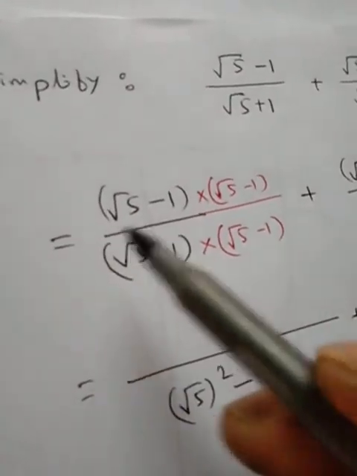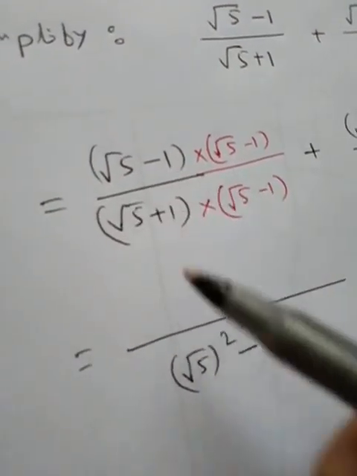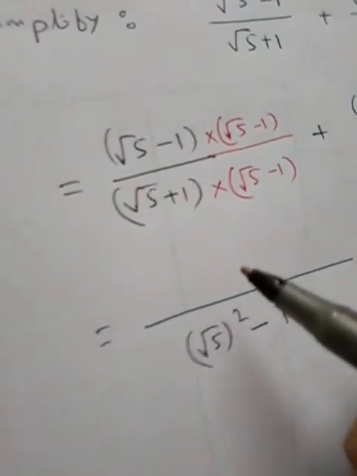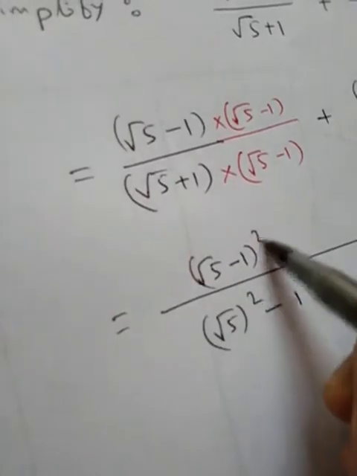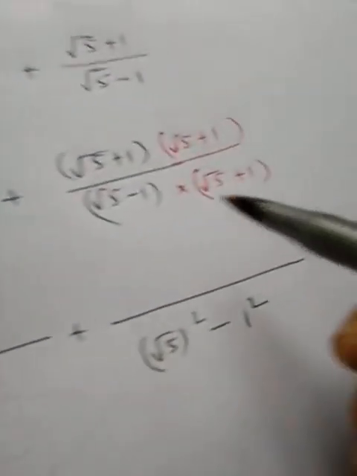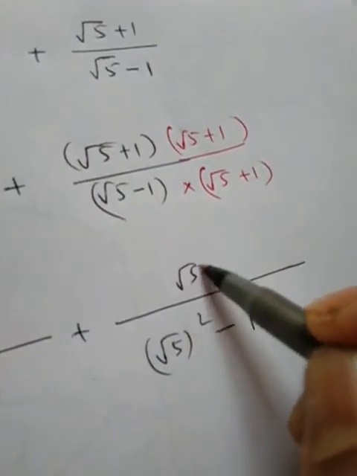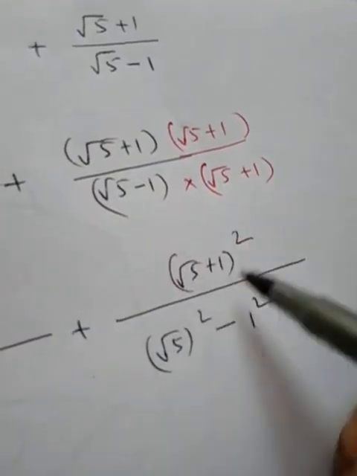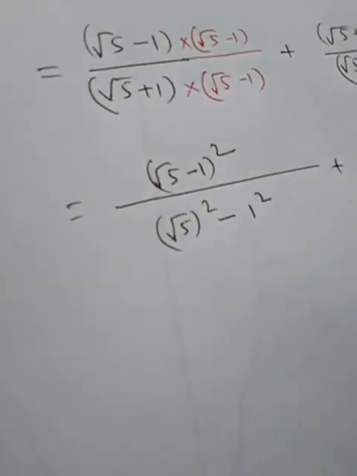Then in the numerator of this part, this is a minus b into a minus b, we can use the a minus b whole square formula, so you can write it once, root 5 minus 1 square. Here also a plus b into a plus b, so the a plus b whole square formula we can use here, and break this.